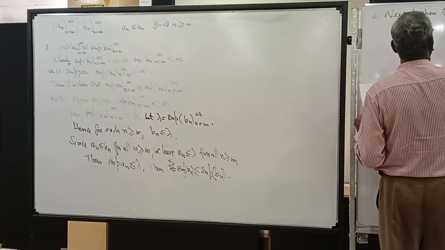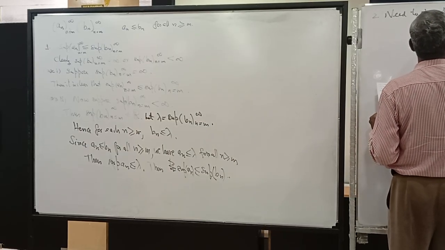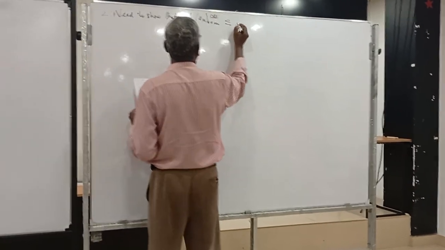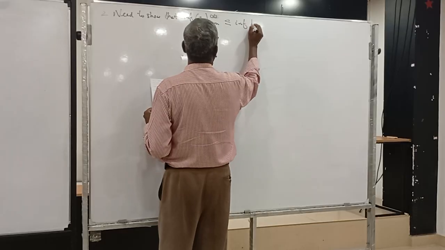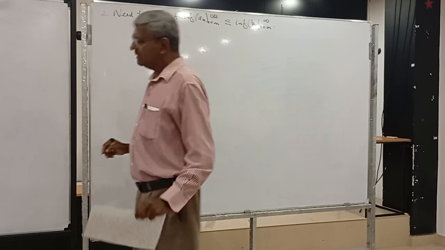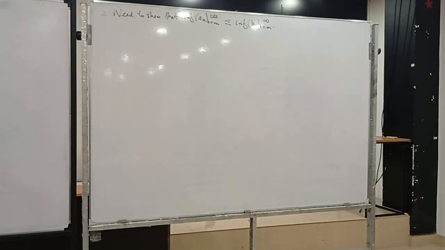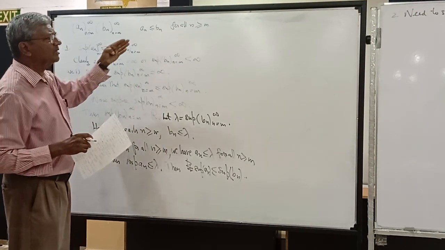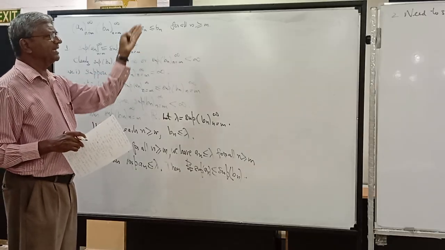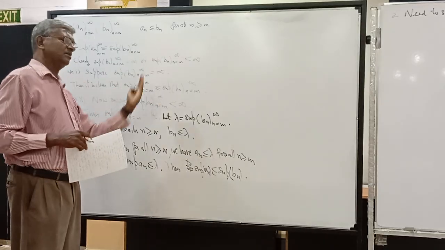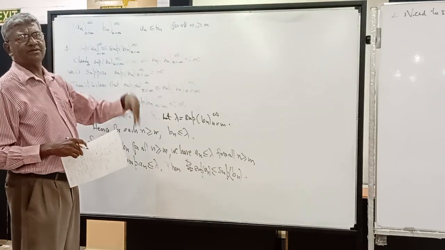inf a n, n going to infinity, is less than or equal to inf b n. The important thing is, if each term a n is less than or equal to each respective term b n, then sup a is less than or equal to sup b n, inf a is less than or equal to inf b n, lim sup a is less than or equal to lim sup b n, lim inf a is less than or equal to lim inf b n.